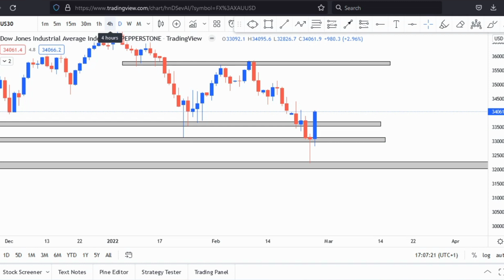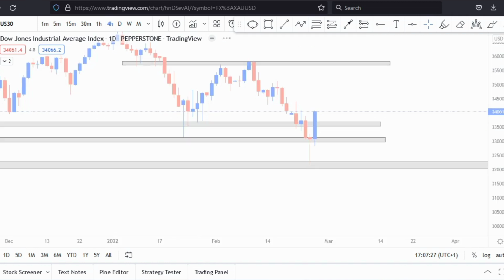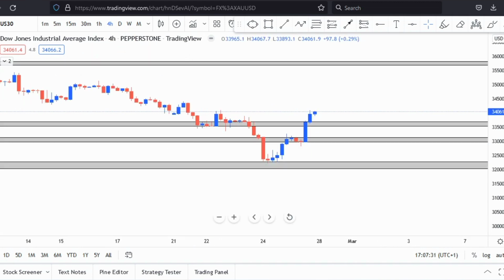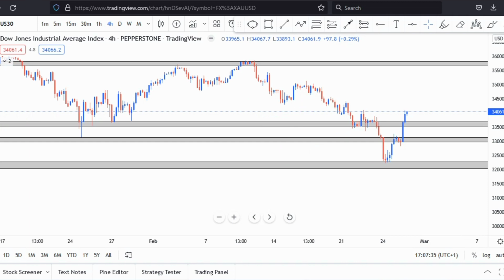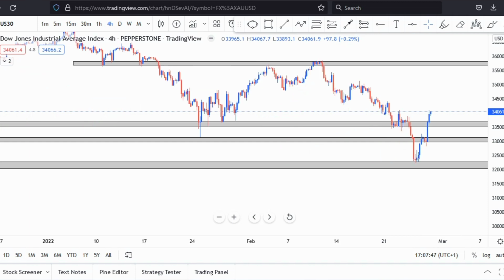When we get to the 4-hour time frame where I normally take my entry, I'm going to identify the key areas that we will be looking out for. Firstly, here we can identify the areas where price has been tested several times.